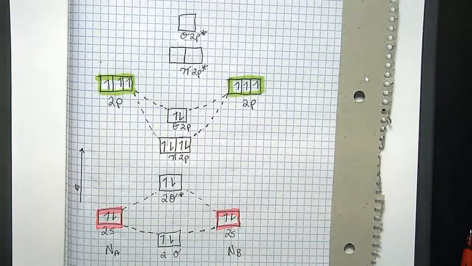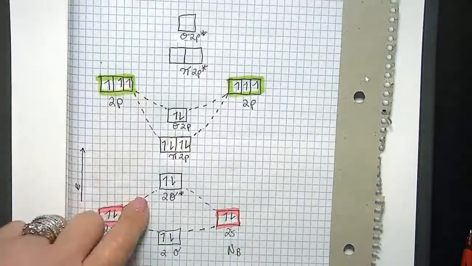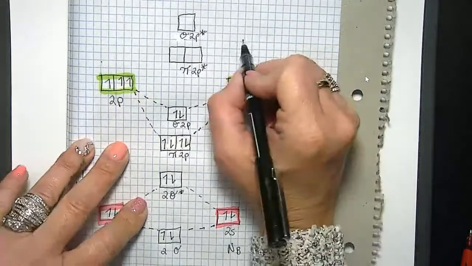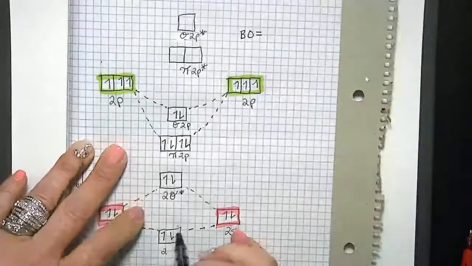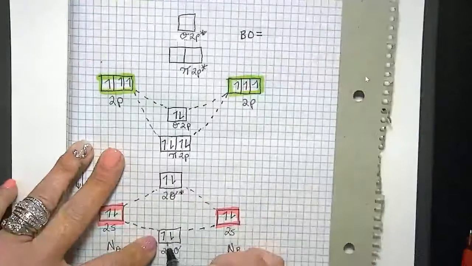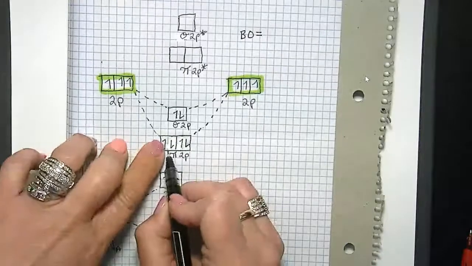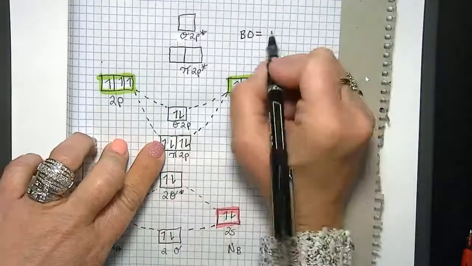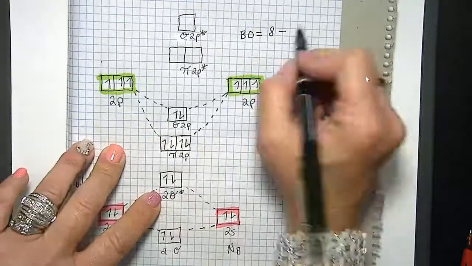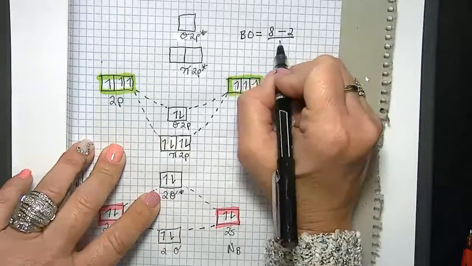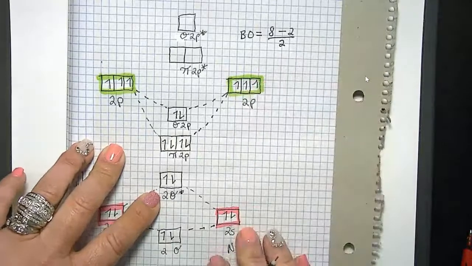All right, so let's talk about bond order. It's going to be bonding, so 2, 4, 6, 8, minus our anti-bonding, divided by 2.